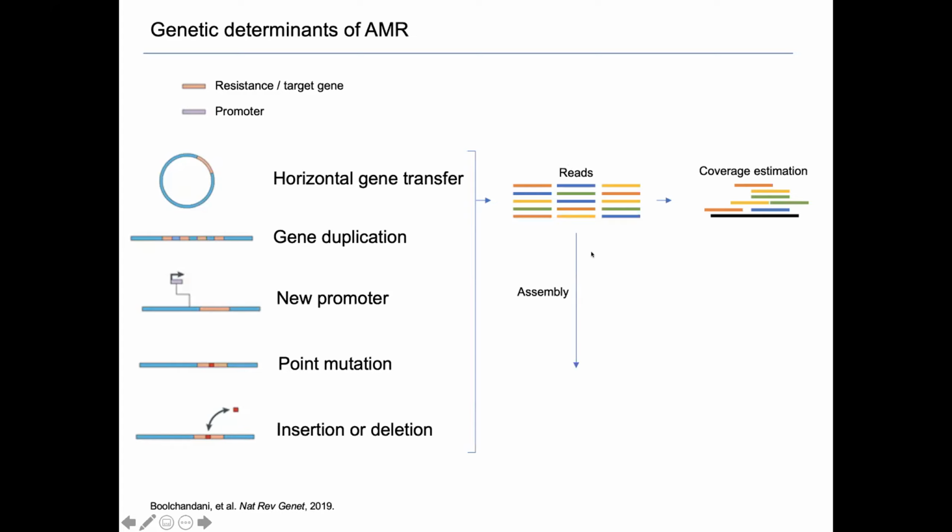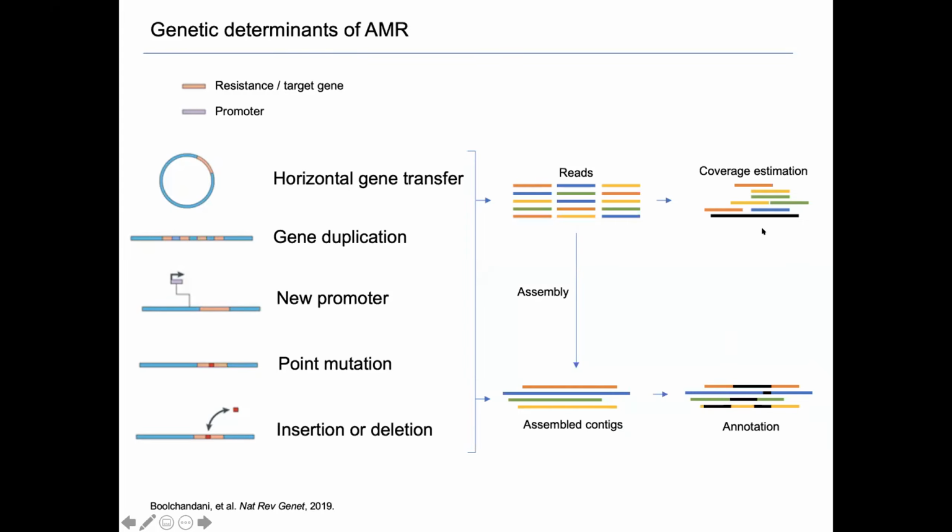With the reads, we can also assemble them into assembled contigs, which is representative of a bacterial genome. With these assembled contigs, we can then identify these resistance determinants highlighted in black again through annotation methods that use alignment.